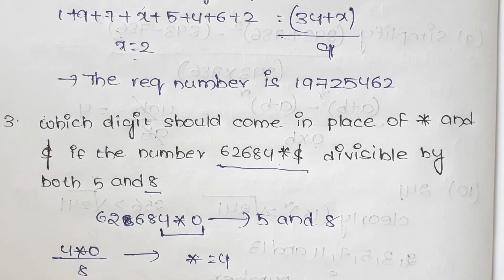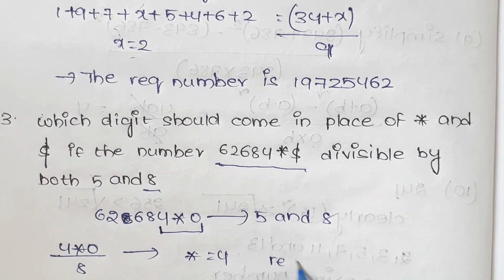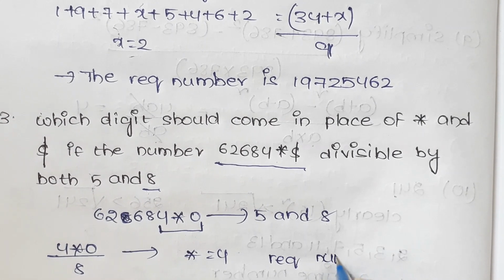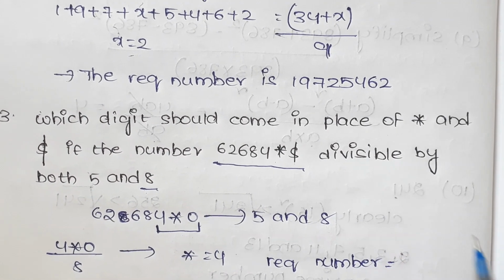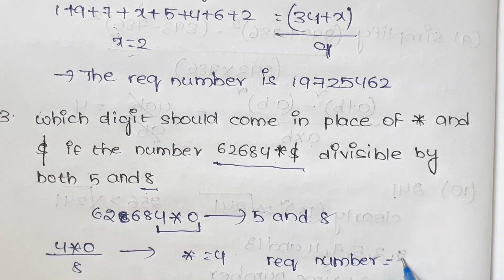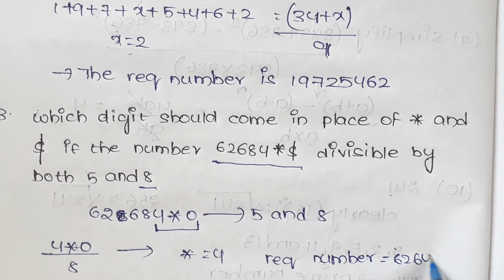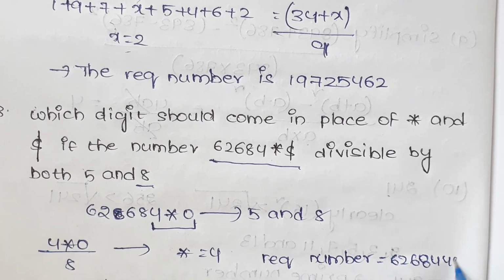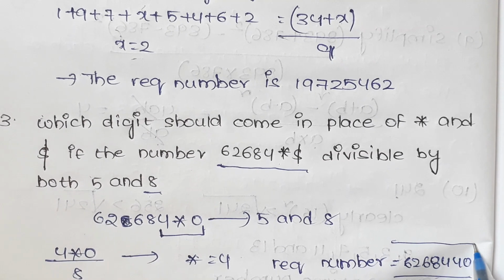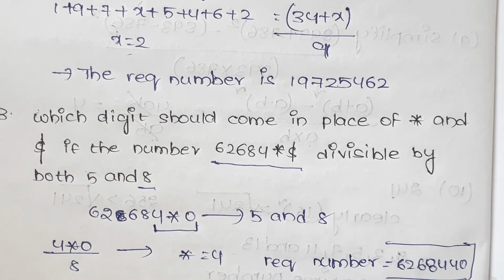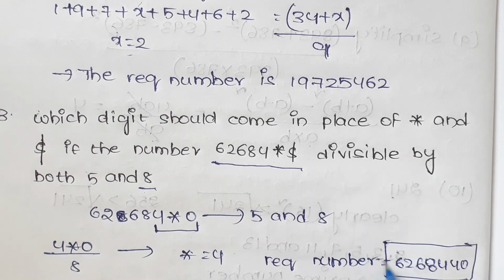So the required number is 626840, and now it is divisible by both 5 and 8. This is the required number.